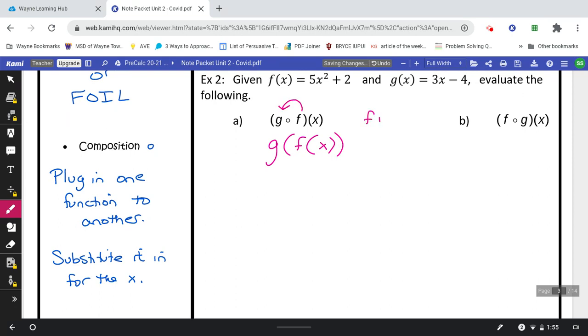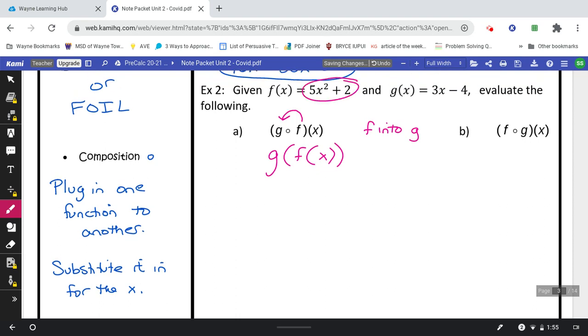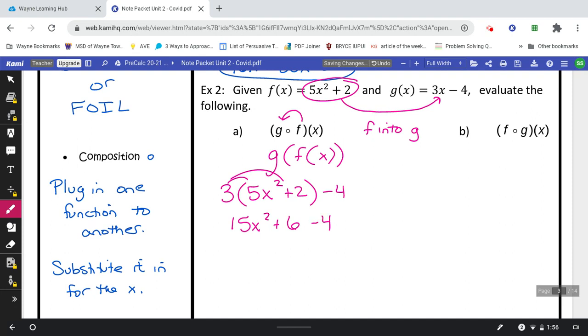You could write a little note, f into g. You could even circle the f and draw an arrow to the g. When you plug it in, it's going to look like this. Then you distribute. And combine like terms.